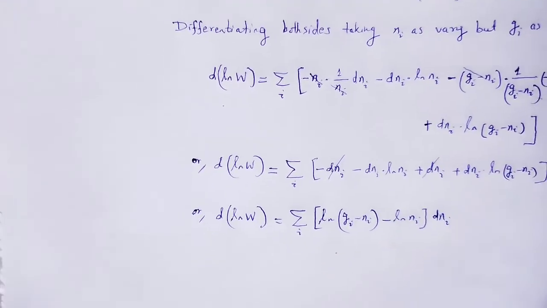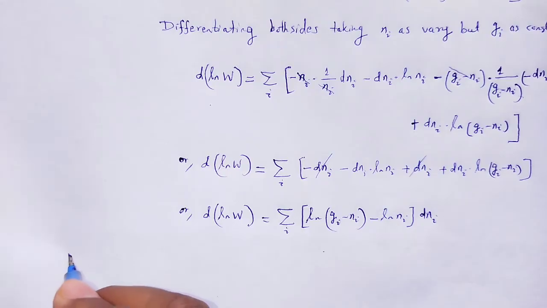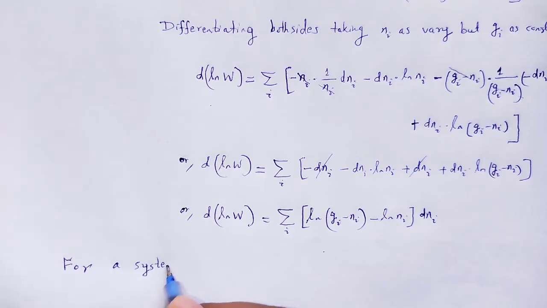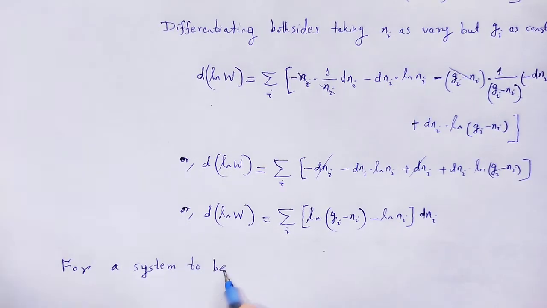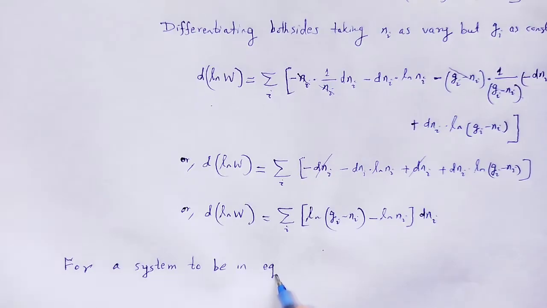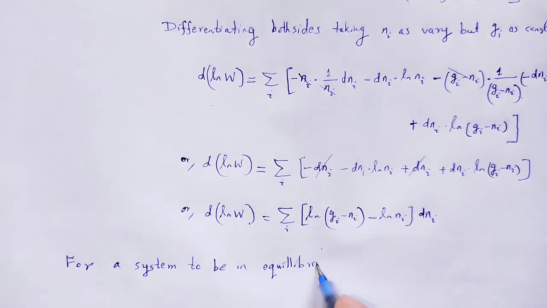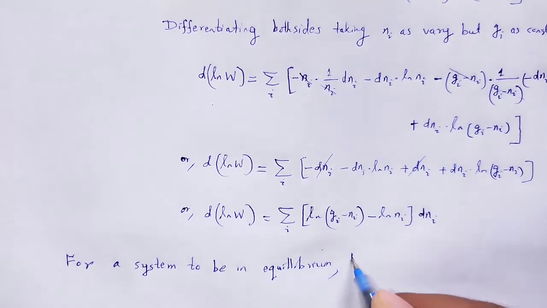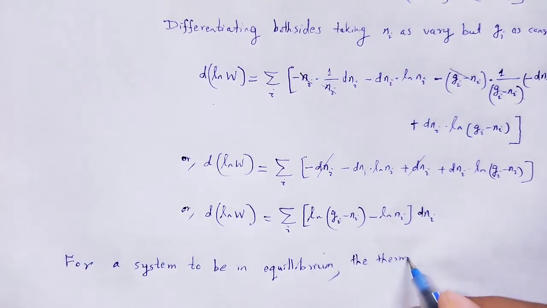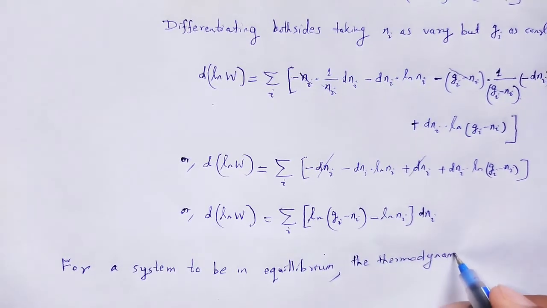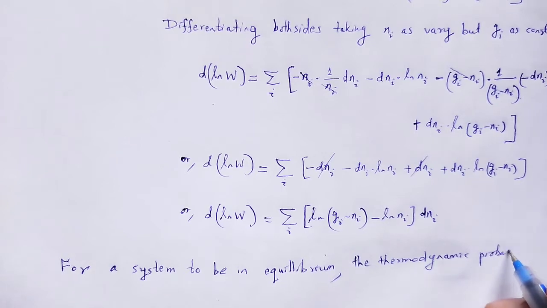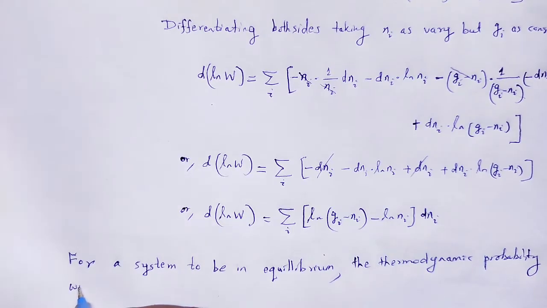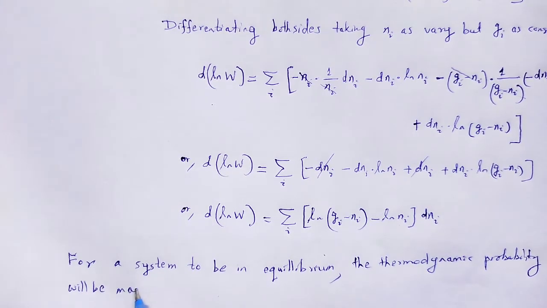Okay, for a system to be in equilibrium, the thermodynamic probability W will be maximum.